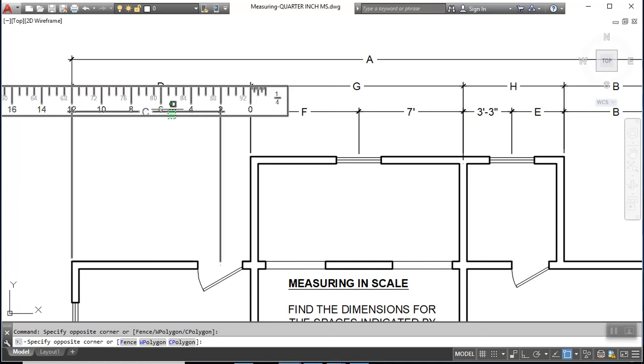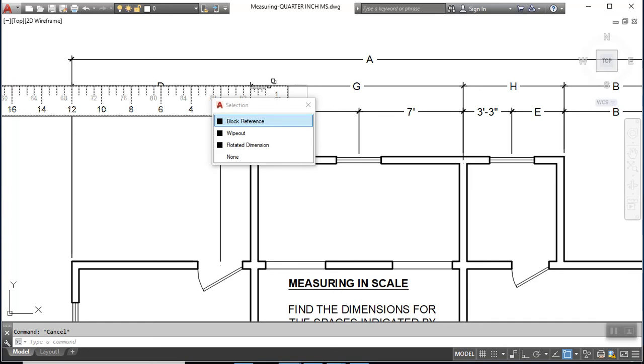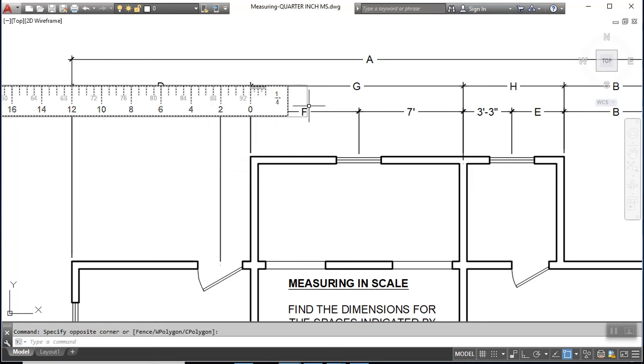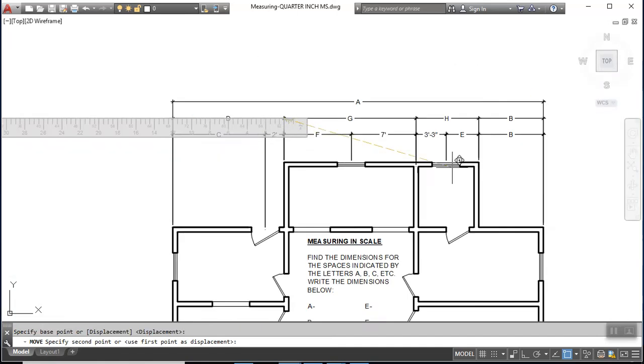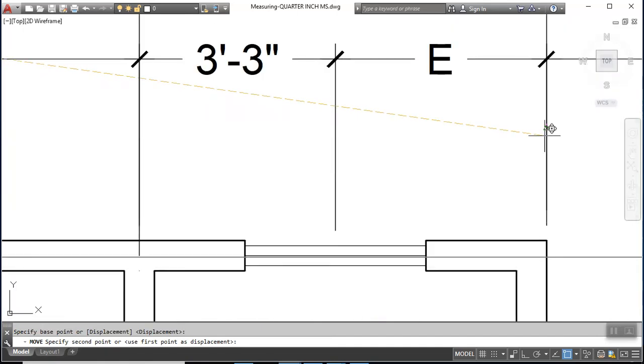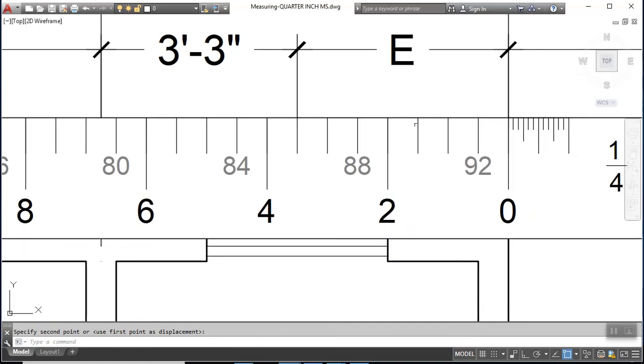Let's take a look down here now because we want to measure E. So I'll grab my scale and I'll start at 0 and I'll move it to here. Right, we want to measure what is E. So now E is going to be a special problem, right?